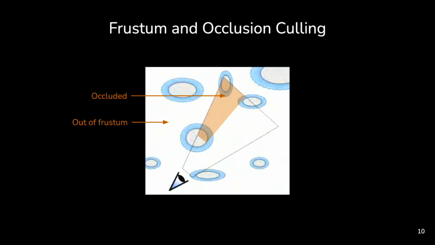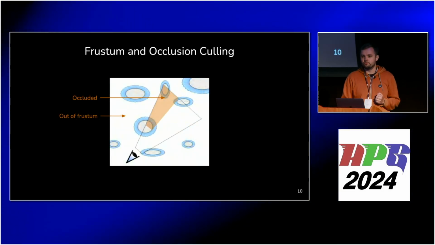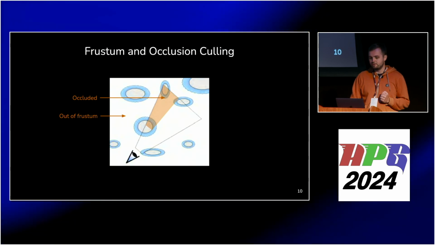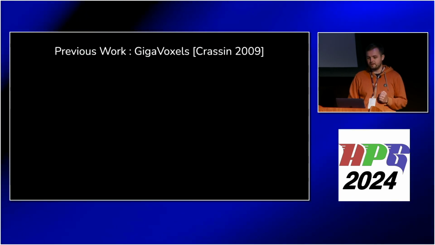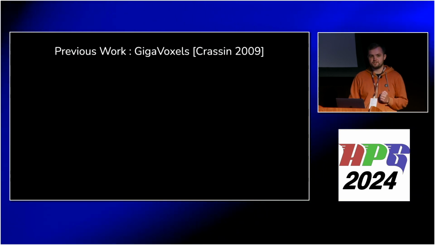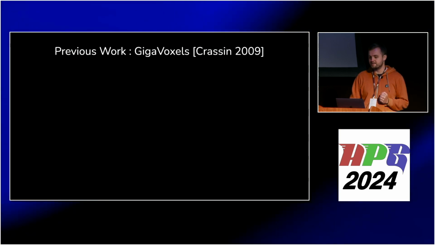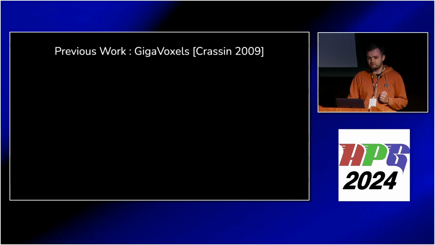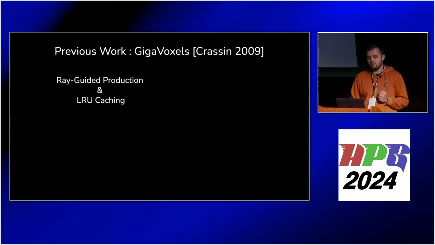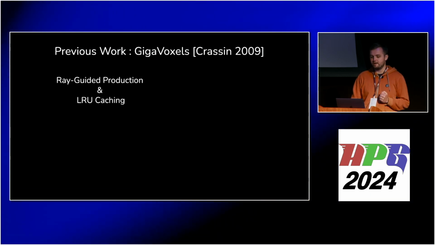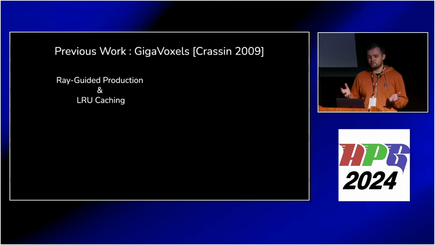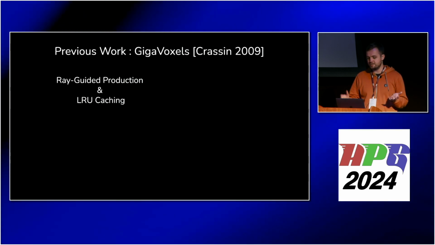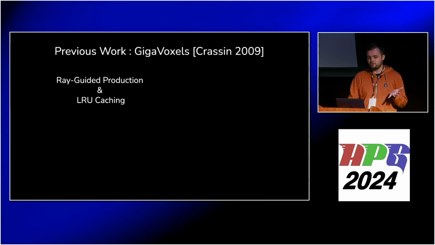And now for the harder part of what we want to avoid storing in VRAM, which is frustum and occlusion culling. For that, we can take a look at our predecessor, which was GigaVoxels by Crassin and colleagues. It was quite an original scheme called ray-guided production and LOD recaching. So it viewed the voxel data structure as a form of cache to store the viewed voxels.